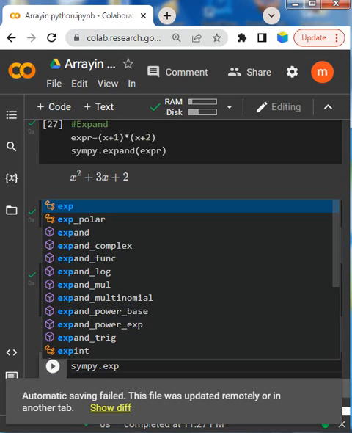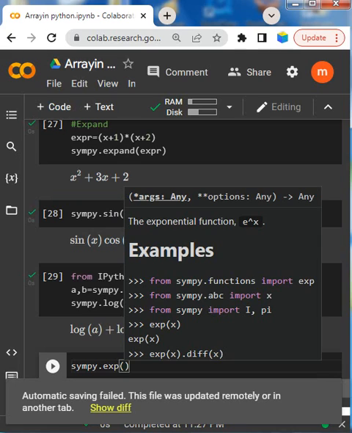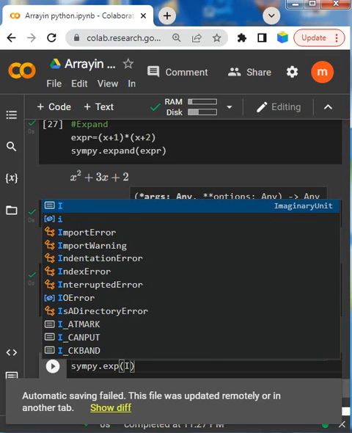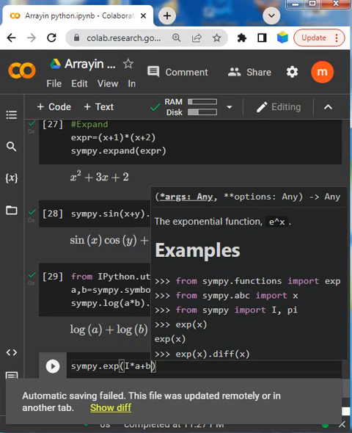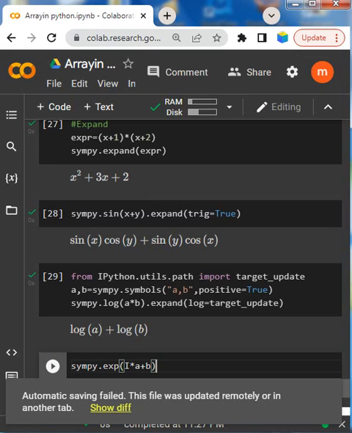So sympy.exp(I * (a + b)), where I is the imaginary unit, and now .expand(complex=True).